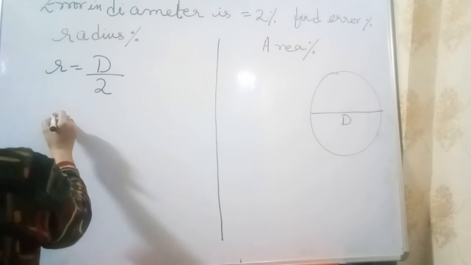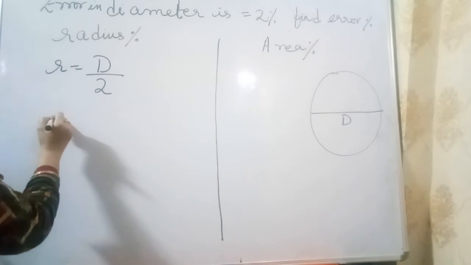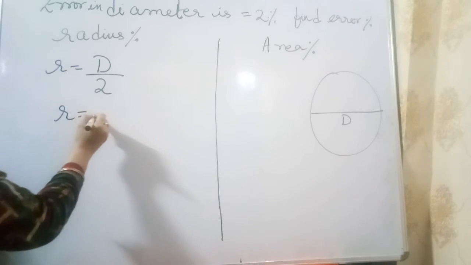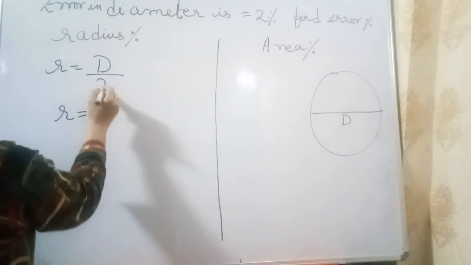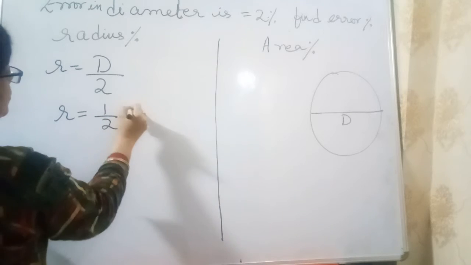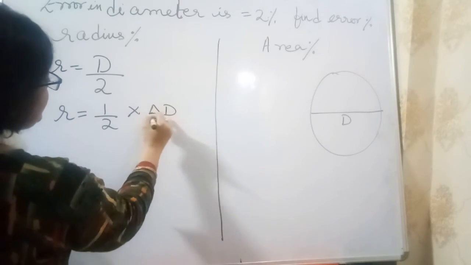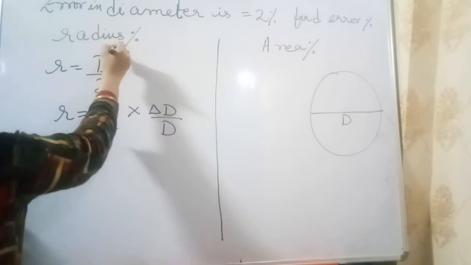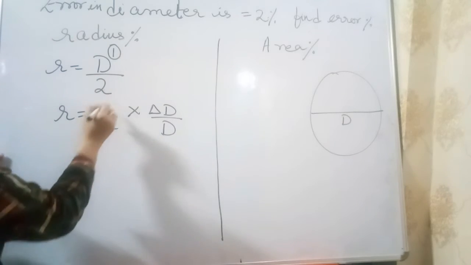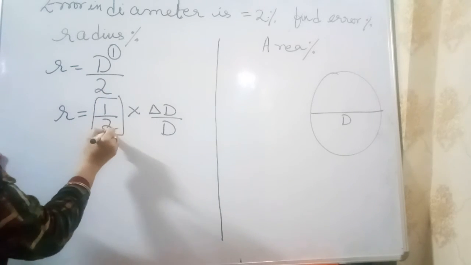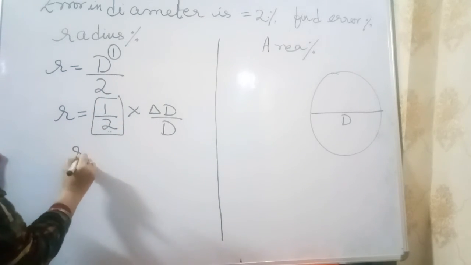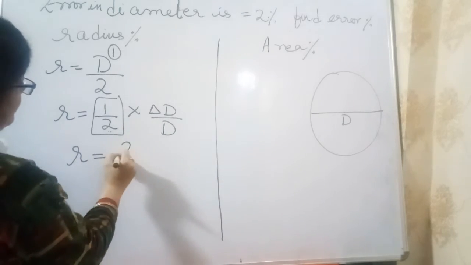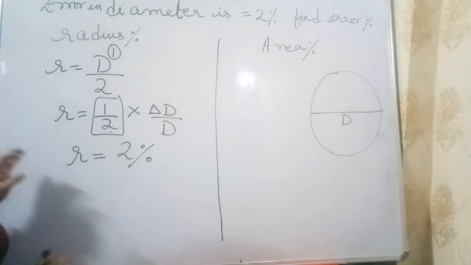So in this way, we have radius equals 1 by 2 delta d over d, because in d we have only power 1 and we can ignore this because this is the constant value. So in radius we have error only 2%.